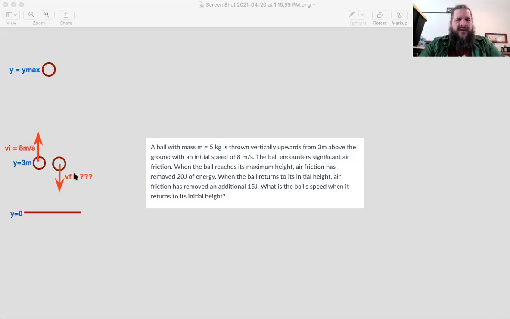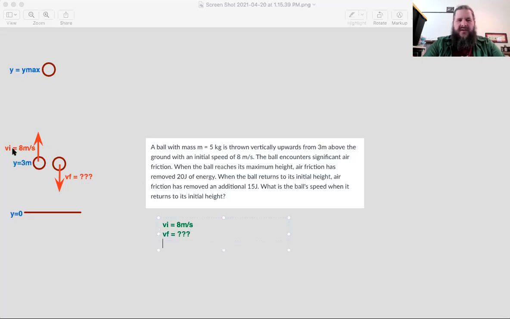So to figure out what that final speed is, let's take a look at this in terms of the changes in energy. What types of energy are changing here? Or actually, before we even look at types of energy, what would we call initial and final here? If we just start listing out values, we've got an initial speed, right? We've got a final speed, which we don't know.